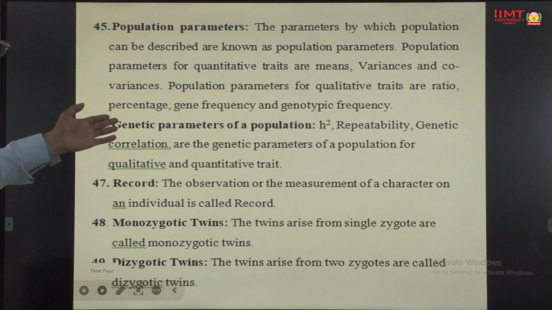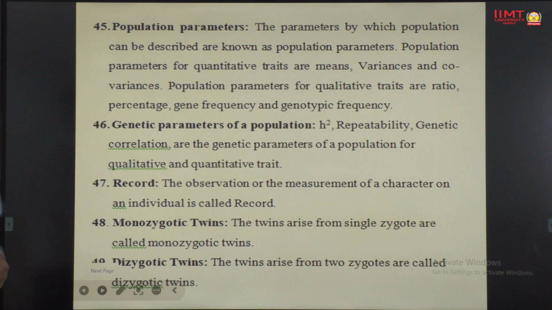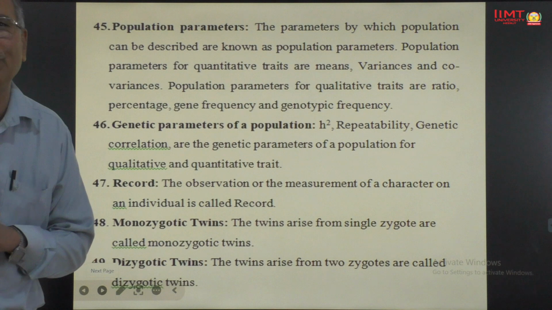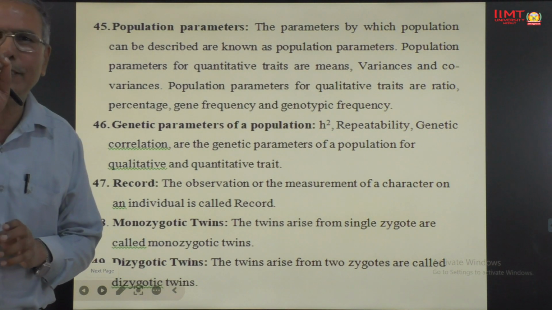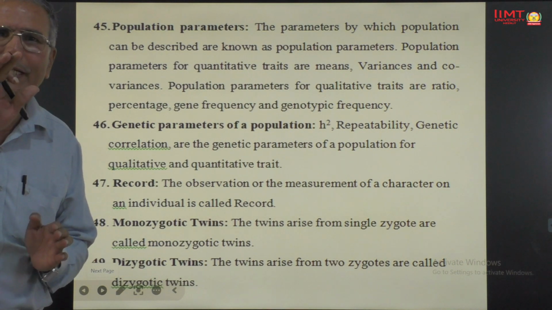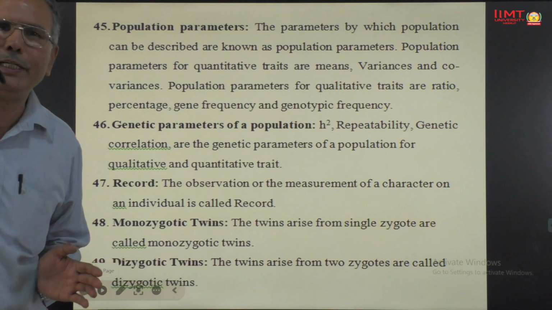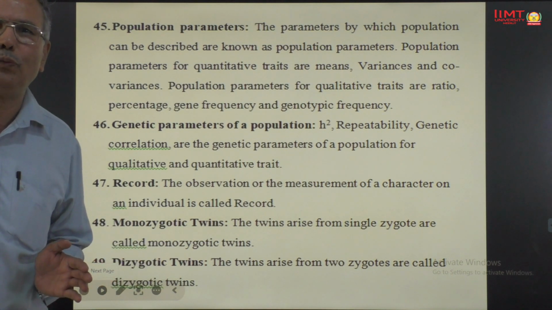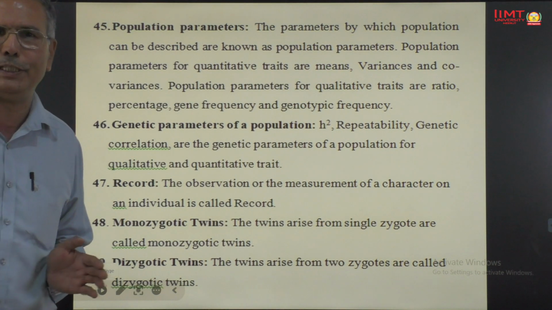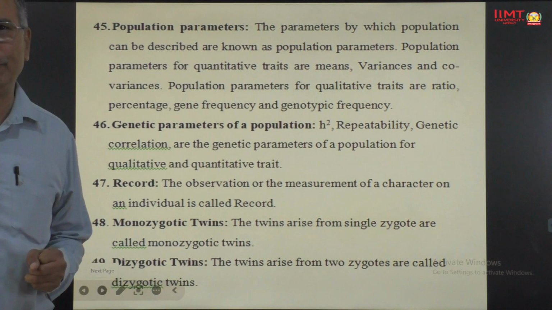What are the genetic parameters of a population? Heritability, repeatability and genetic correlation are the genetic parameters for qualitative and quantitative traits of a population.